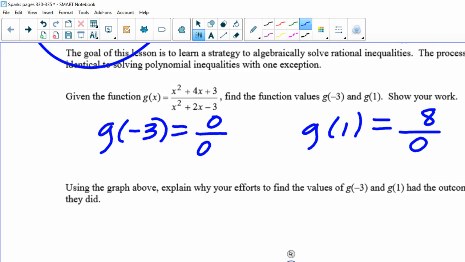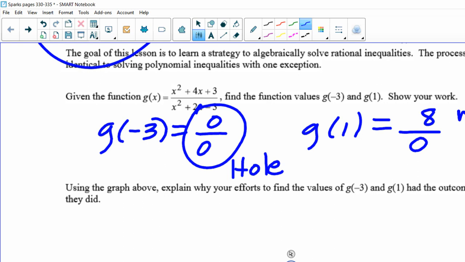What did we have at x equals -3 on that graph? We had a hole. Ladies and gentlemen, anytime you get 0 divided by 0 when you plug in a number, that's screaming to you that you have a hole. Anytime you have a non-zero number divided by 0, you have a vertical asymptote.